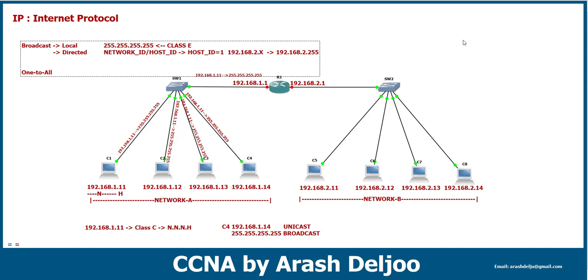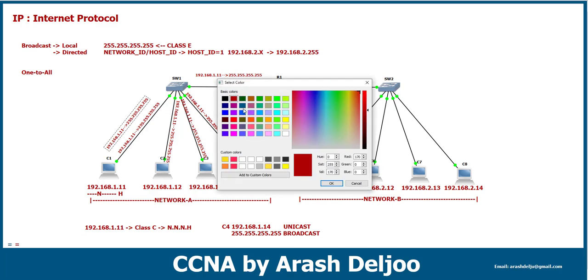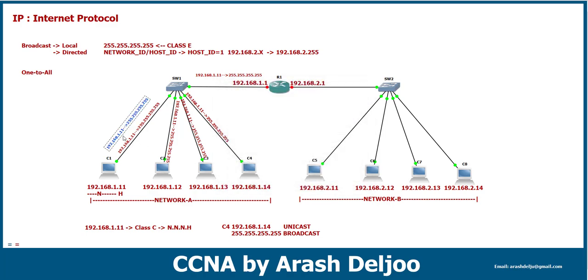Now, if you send traffic to this network, let me show you. Look at here. Let me change the color. For example, we have traffic from 192.168.1.11 to 192.168.2.255.